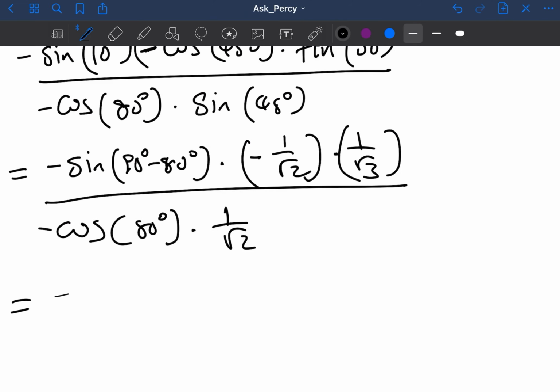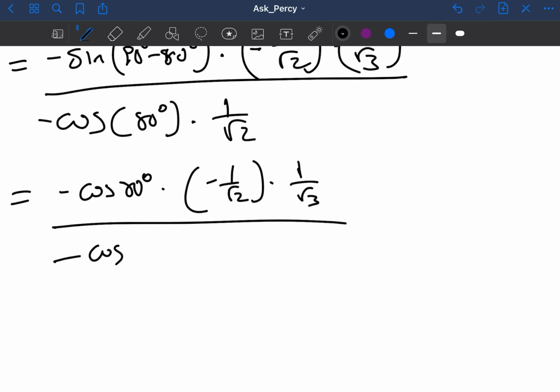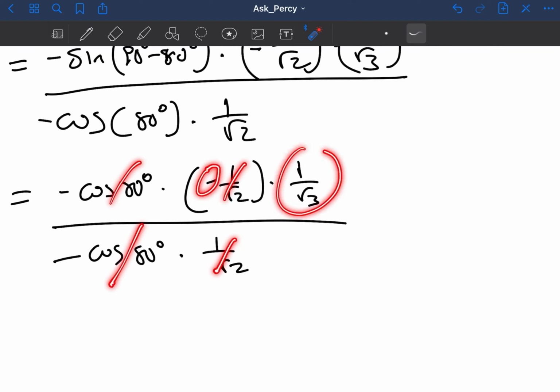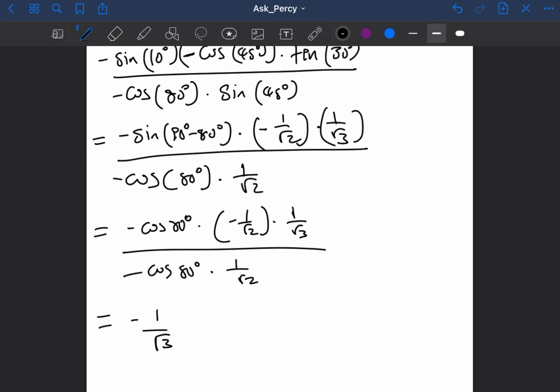So you have negative cos 80 degrees times 1 over root 2 times 1 over root 3, over negative cos 80 degrees times 1 over root 2. Eventually this and this cancel, this and this cancel as well. We'll be left with negative 1 over root 3. So that's your answer.